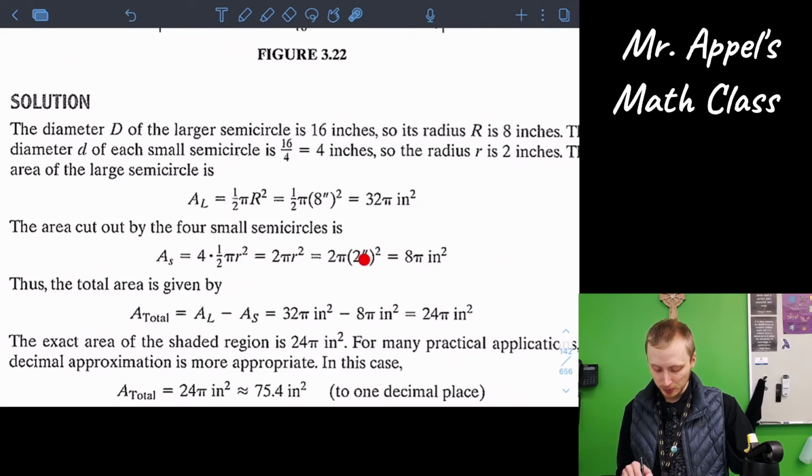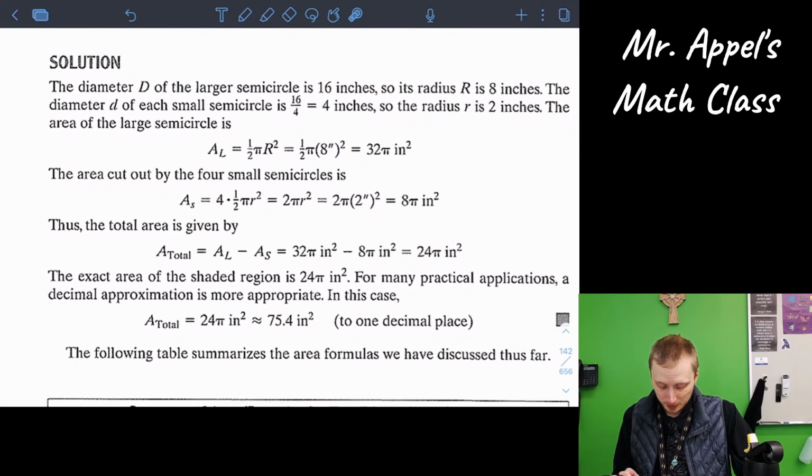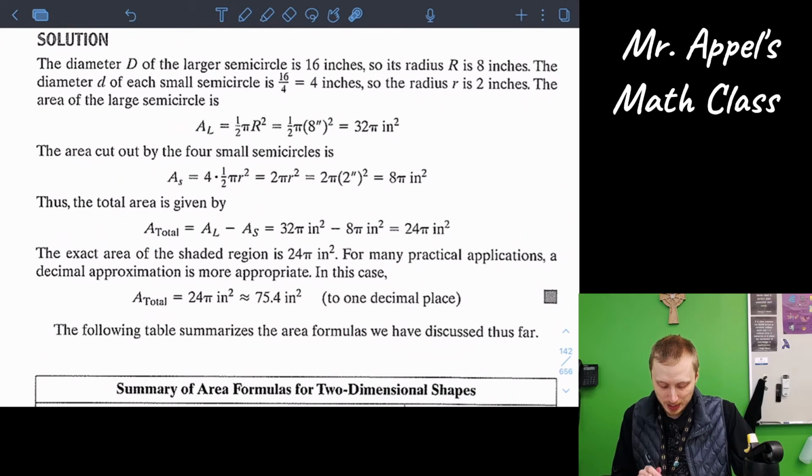Substitute 2 for small r. Notice that 4 times the 1/2 reduces to a 2. Simplify that. And we get 8 pi inches squared. Leave it in terms of pi for now. Thus, the total area is given by a total is the large area minus the small area.